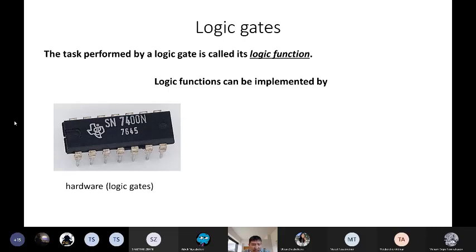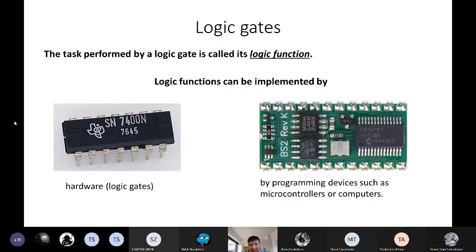And we will concentrate mostly on simple integrated circuits that contain logic gates. But we can also do it by programming devices such as microcontrollers or computers. Unfortunately, for now, we don't have the opportunity to use microcontrollers. First of all, because we have only 10 weeks, it will be very difficult to include programming microcontrollers.